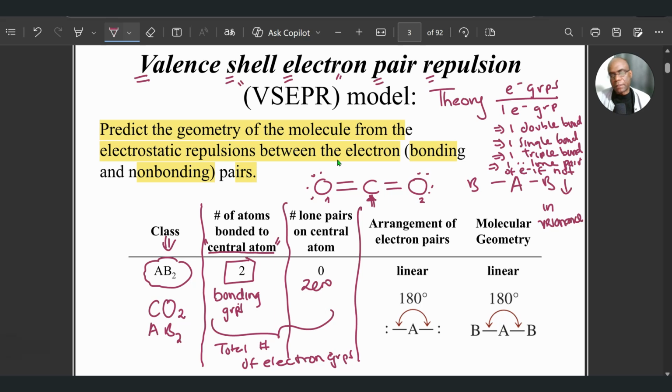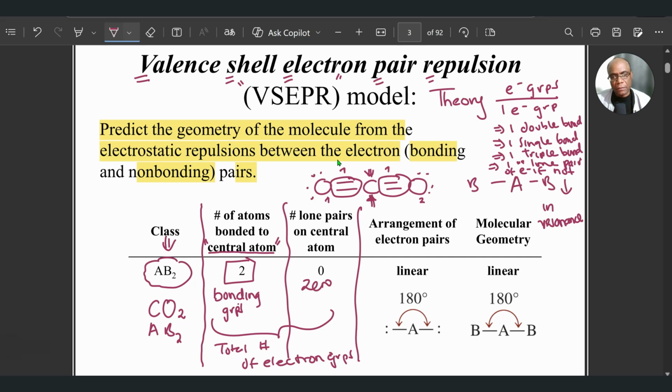We talked about resonances in the previous lecture. So if I'm looking at CO2, the central carbon, that's the central element. I have a double bond to the left, count that as one electron group. Double bond to the right, one electron group. There's no non-bonding electrons to be considered.